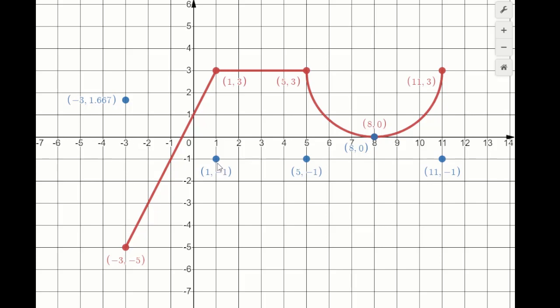On the parent function, it's 3 grids away vertically, and here it's only 1 grid away. Okay, it's compressed. On the parent function it's going up, but here it's sinking below the x-axis because it's flipped.